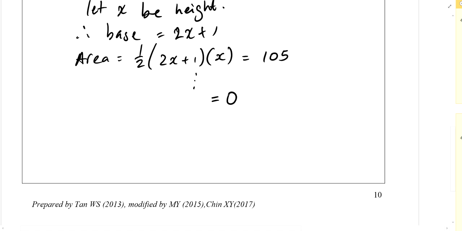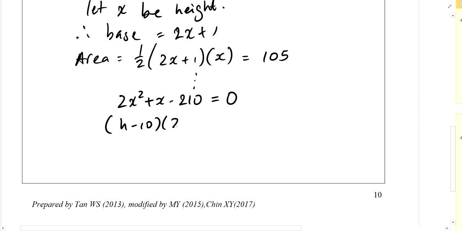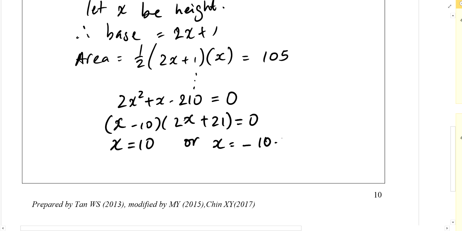We will have 2x squared plus x minus 210 equals 0. So we factorize this to become x minus 10 times 2x plus 21 equals 0, because I'm using x. x must be equal to 10, or x equals negative 10.5.